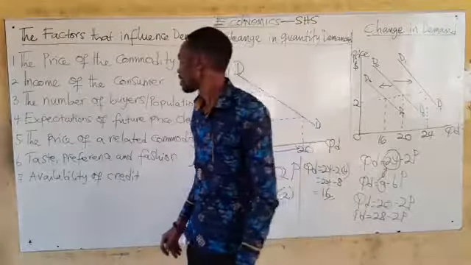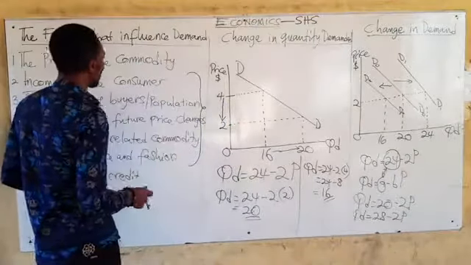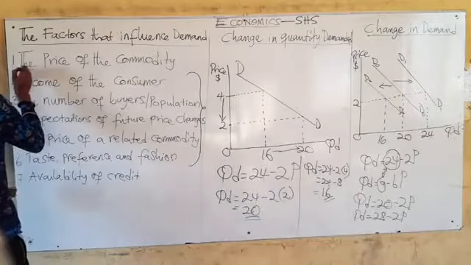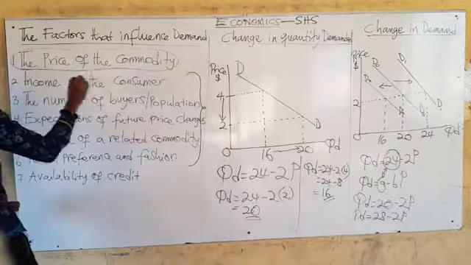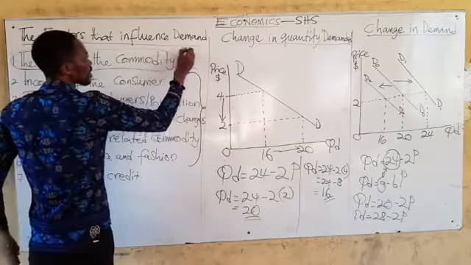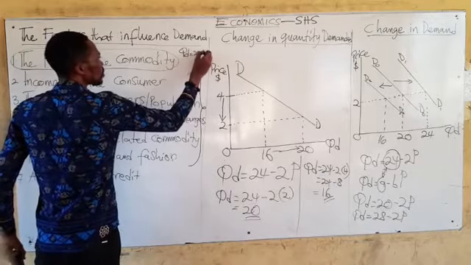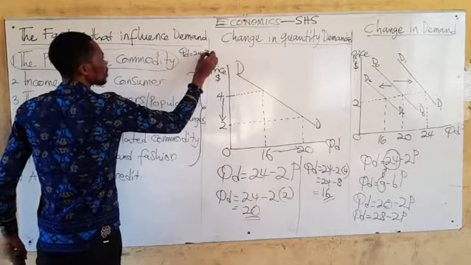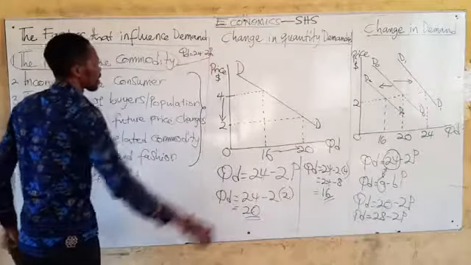In a nutshell, in the case of QD equal to 24 minus 2P, this factor will influence price, only price.